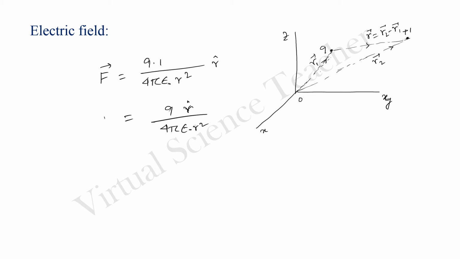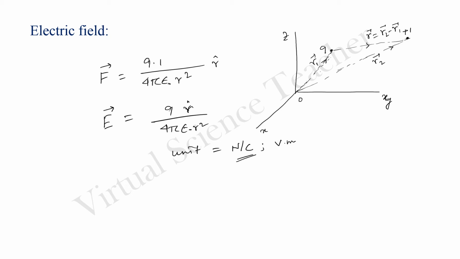So electric field is nothing but force per unit charge, and the unit of electric field equals Newton per Coulomb, or we can sometimes write it as volt per meter.